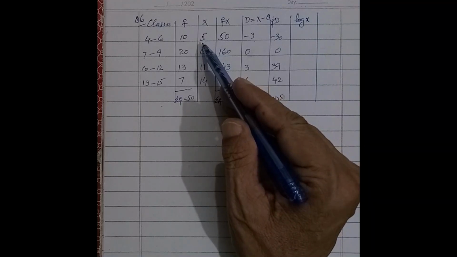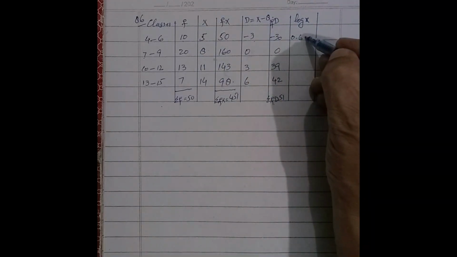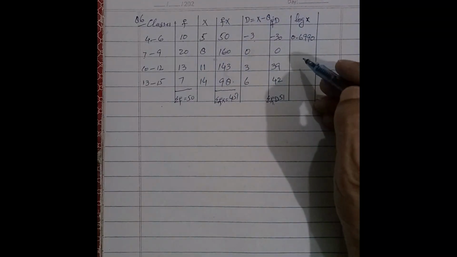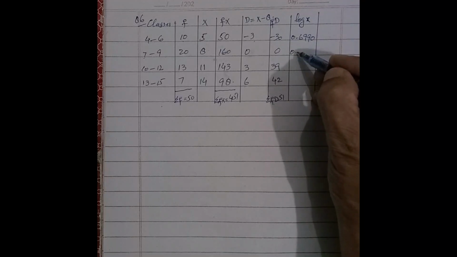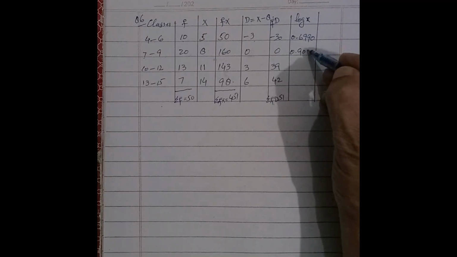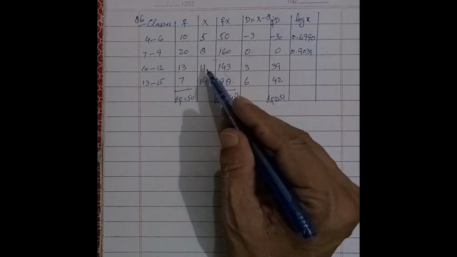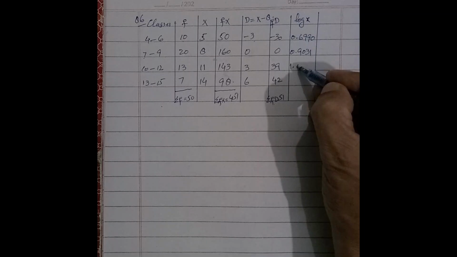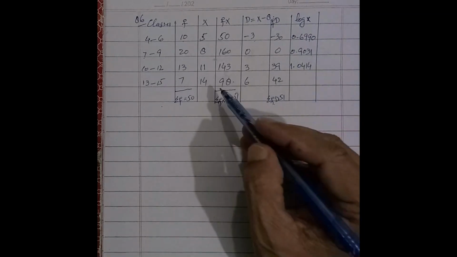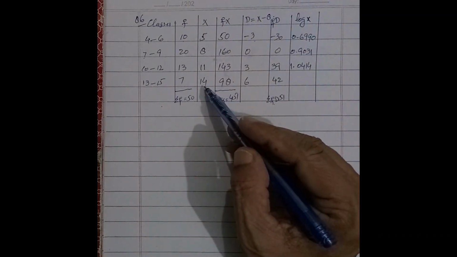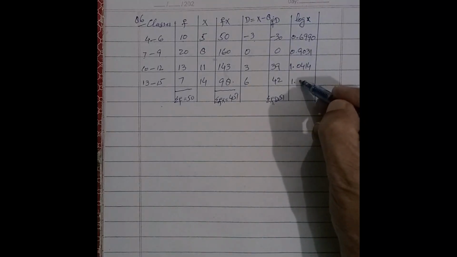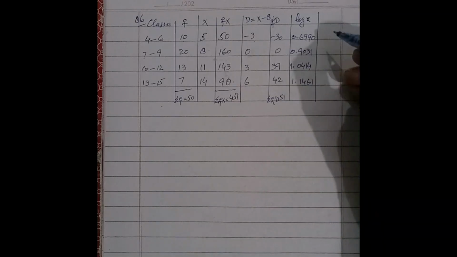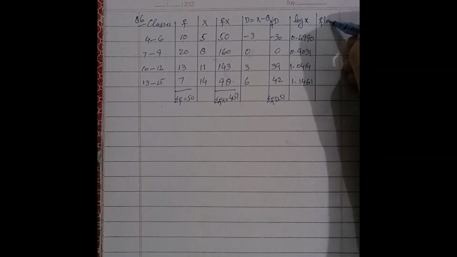Take log of 5, we get the answer 0.6990, and log of 8, we get the answer 0.9031, and take log 11, we get 1.0414, and the next take log of 14, which is equal to 1.1461, and find f log x.